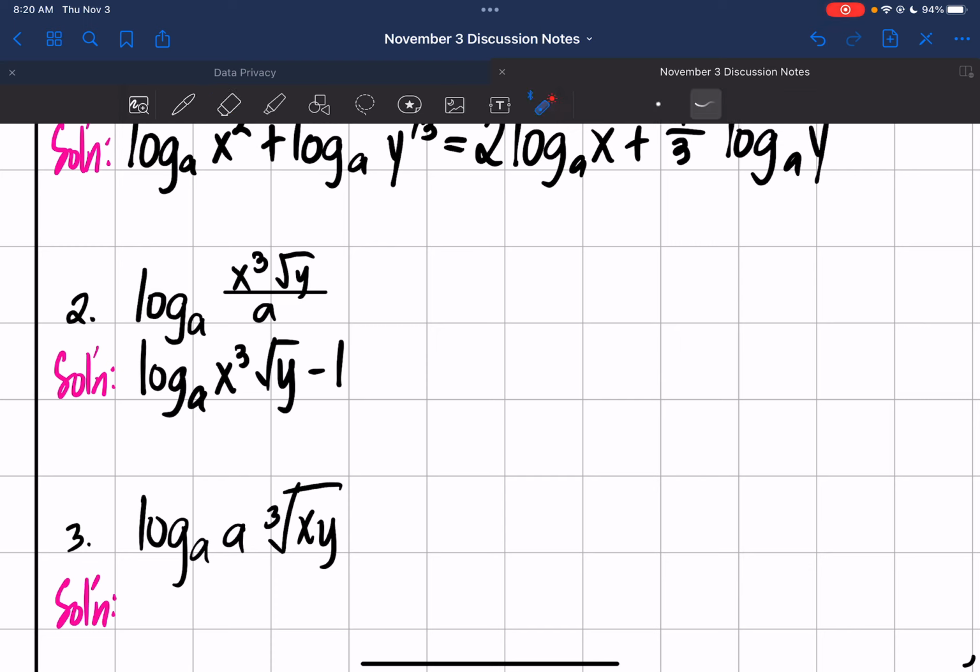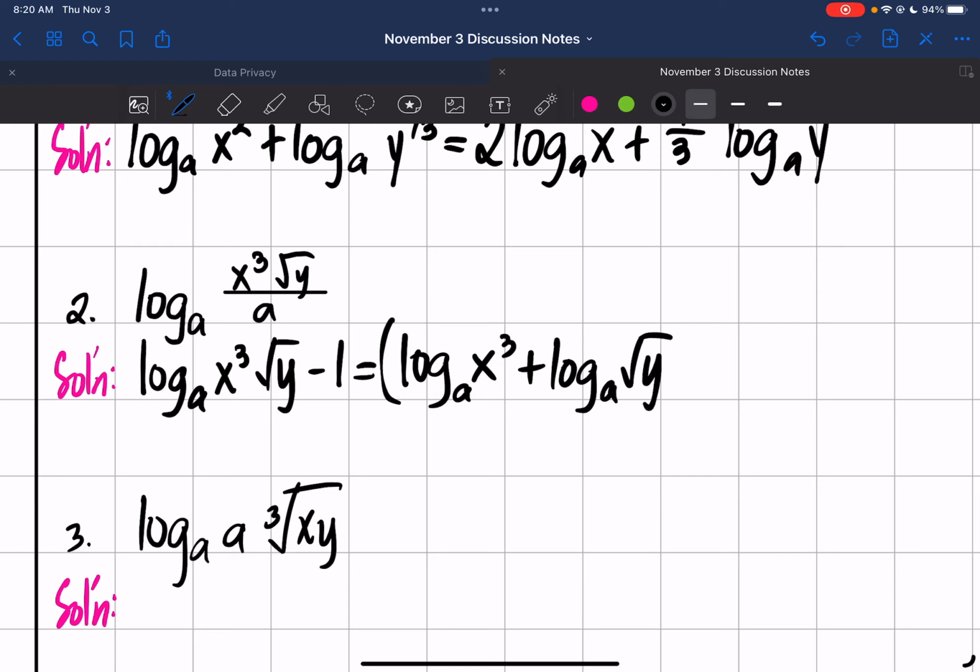Then, looking at this expression, we still have a product of two expressions, namely x cubed and square root of y. So, we still need to decompose that one. And since this is a product of two expressions, we will use the product rule. So, we have log of x cubed base a plus log of square root of y base a.